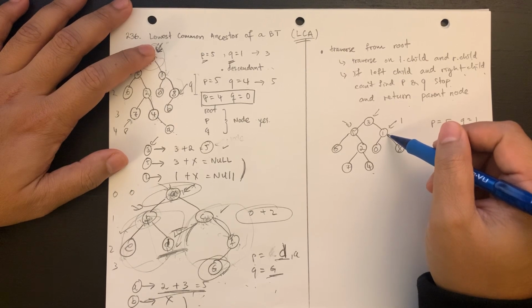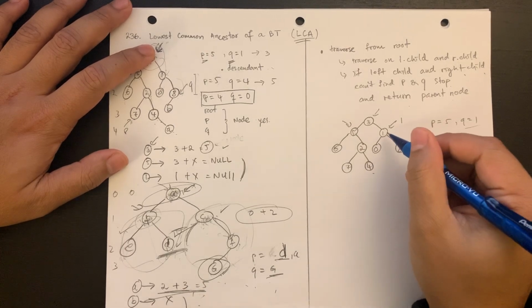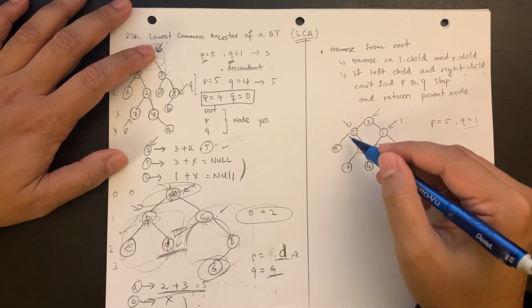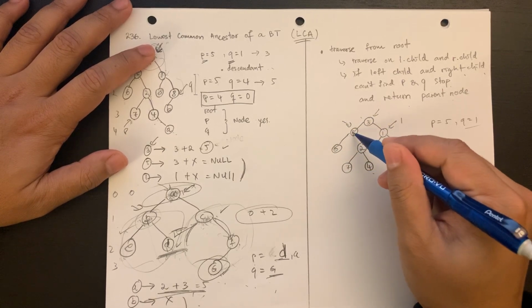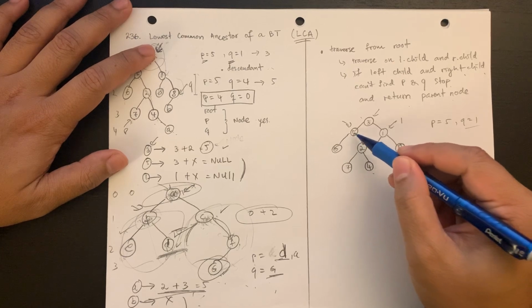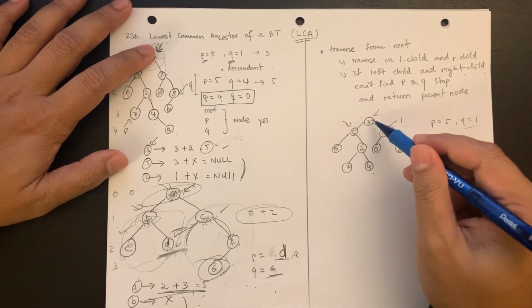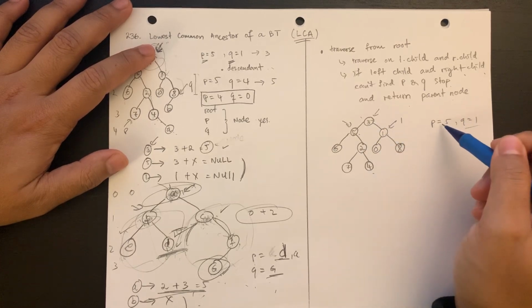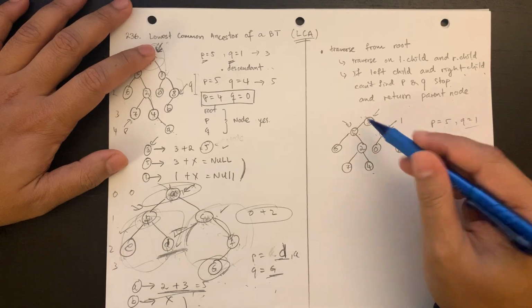So this is one, it found those two, it stopped and went up here, and then it recurs on 5 and tries to find, so it could find P itself, but it couldn't find Q, so it returned null to the parent, and 1 couldn't find 5, so it returned null as well.